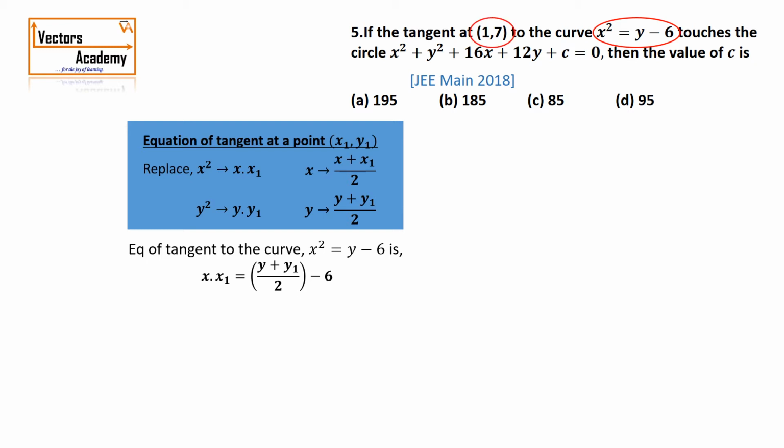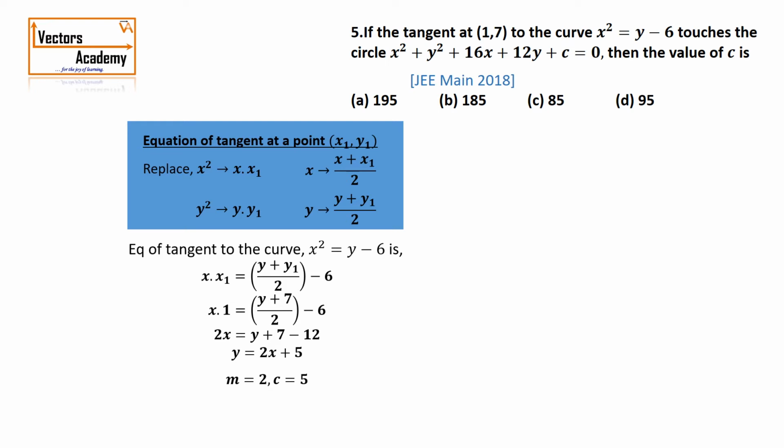So, the coordinates should satisfy, the value of x1 is 1, the value of y1 is 7. Substituting, I will get the equation of tangent, and I will write the equation of tangent in the form y is equal to mx plus c, so that we can find the slope of the line m, that is 2, and the y intercept, that is c, that is 5.